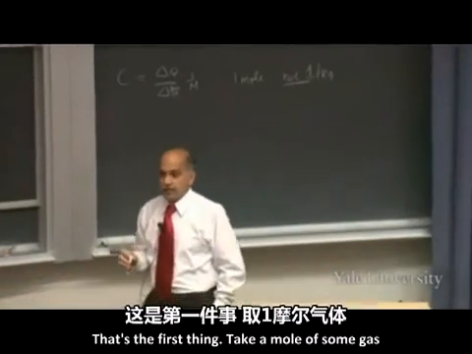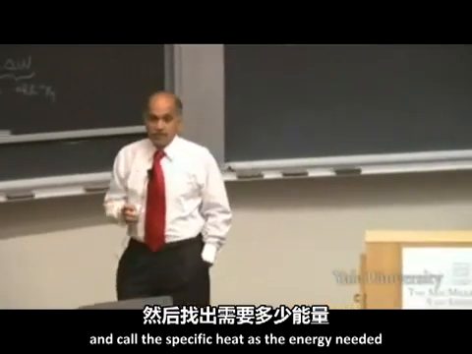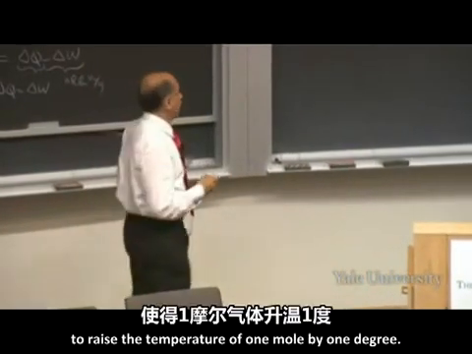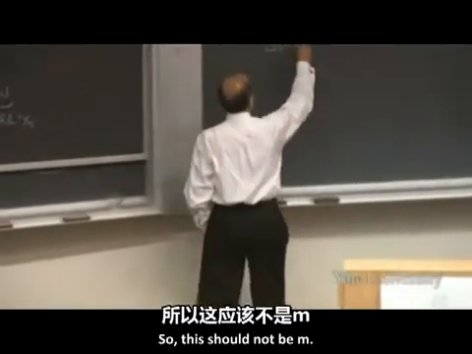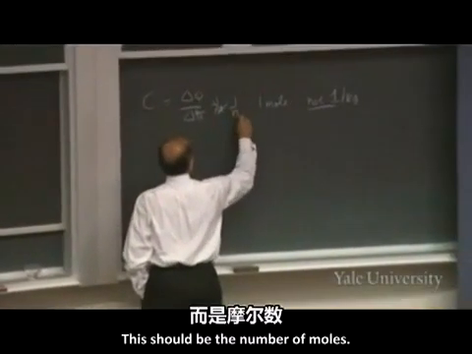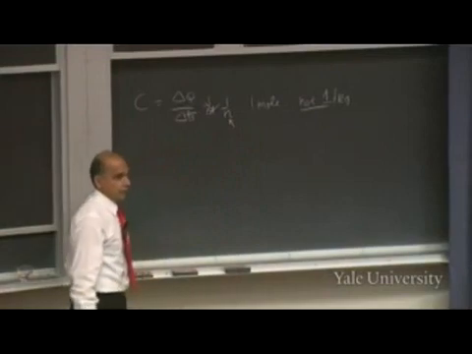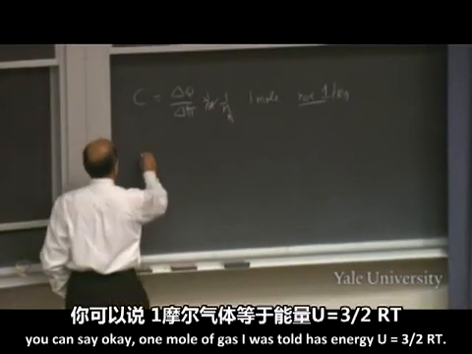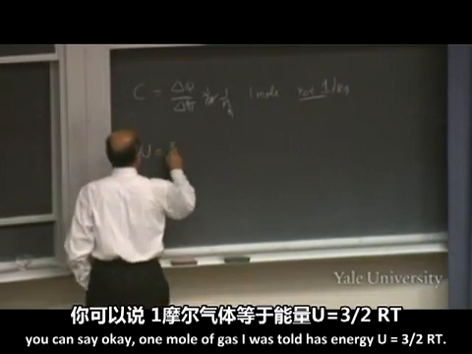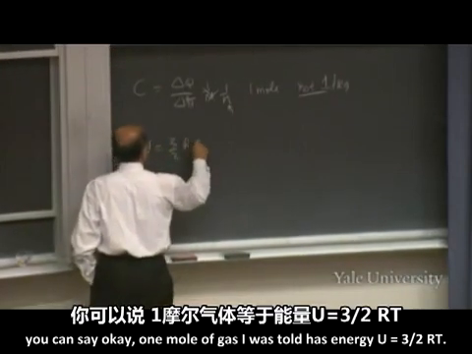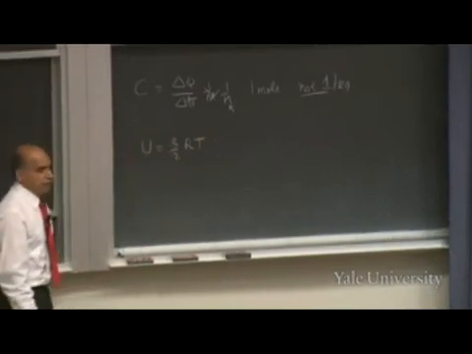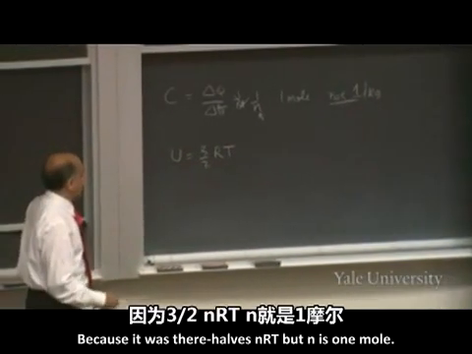Take a mole of some gas and call the specific heat the energy needed to raise the temperature of 1 mole by 1 degree. So this should not be M. This should be the number of moles. So if you take 1 mole, you can say, okay, 1 mole of gas, I was told, has energy U equals 3/2 RT. Because it was 3/2 nRT, but n is 1 mole.